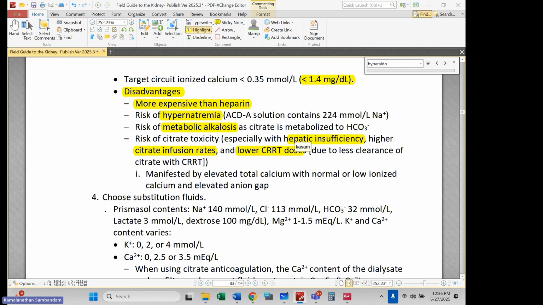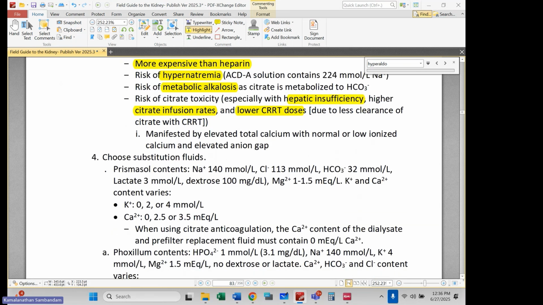And so if you lower CRT doses, you're giving more citrate to your patient. Okay, the CRT is actually clearing some of the citrate. So I don't typically go less than about 2 liters an hour for most patients on citrate, because otherwise you tend to get more alkalosis and citrate toxicity, especially in the context of liver disease.